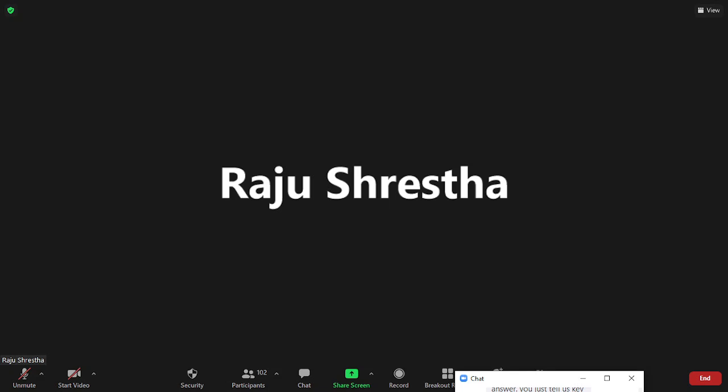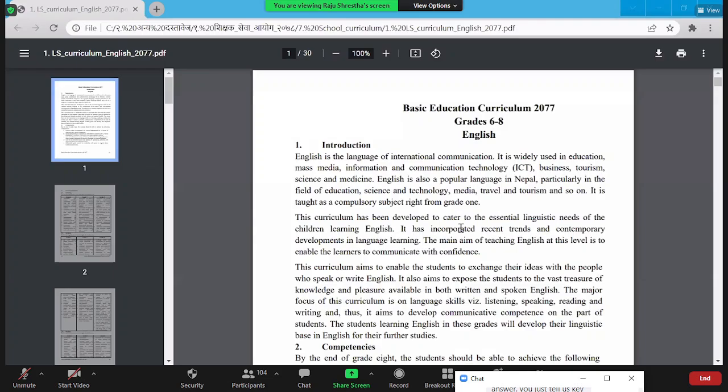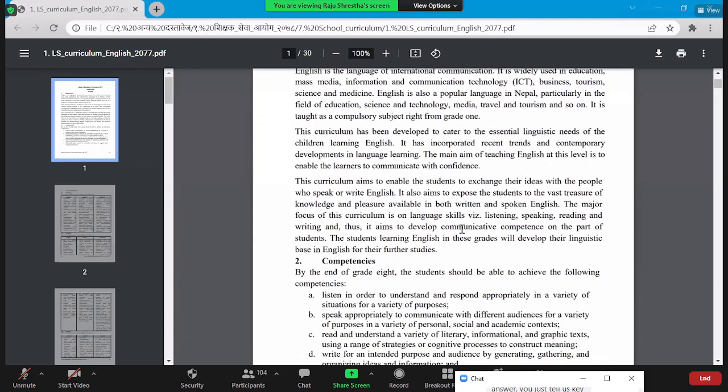We discussed it in unit 5 also, the school level curriculum. Here I just want to show you the school curriculum for lower secondary. Yes, this is the curriculum.